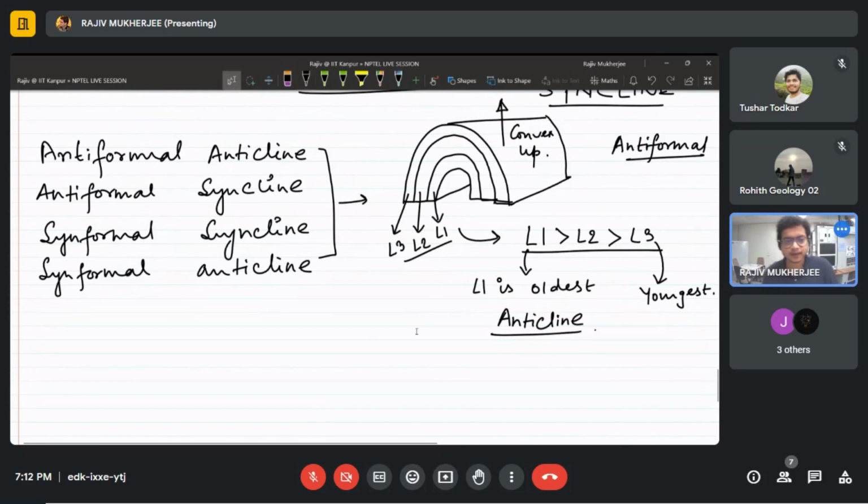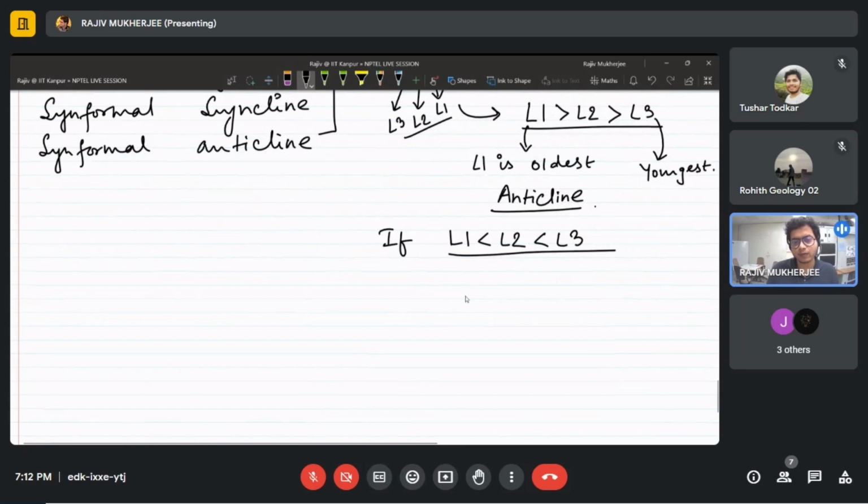right? Similarly, for antiformal syncline, what would happen if L1 is less than L2, is less than L3, which means L1 is the youngest and this is the oldest.